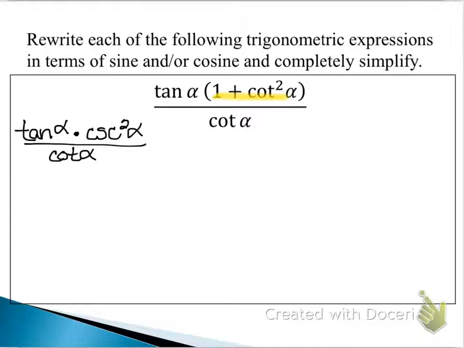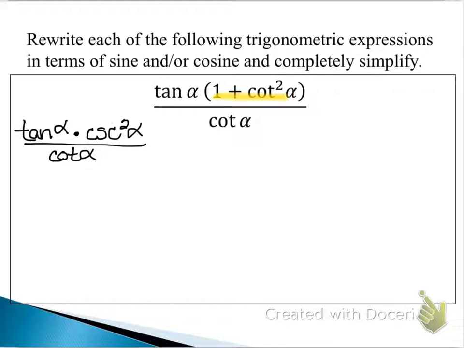So what we end up having to do is we're going to start putting in our identities in terms of sine and cosine. So we have that tangent is going to be sine over cosine. Nope, I'm going another way.